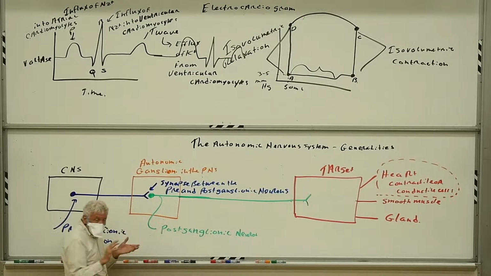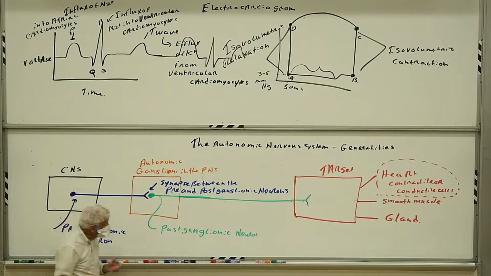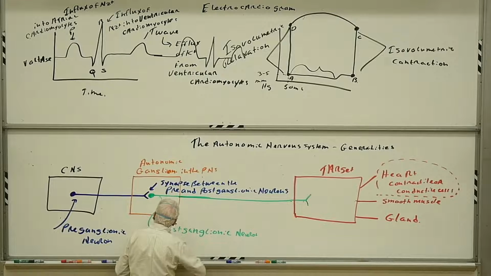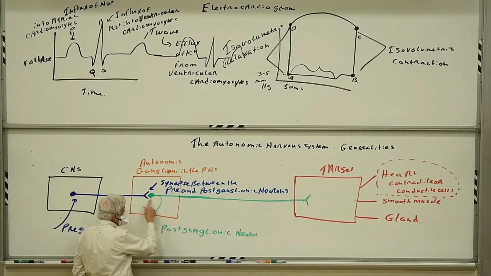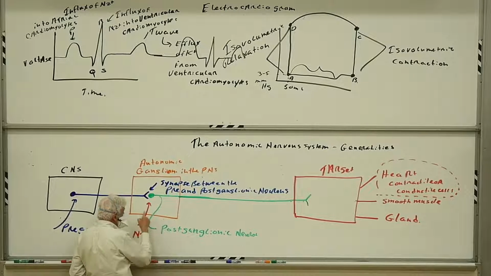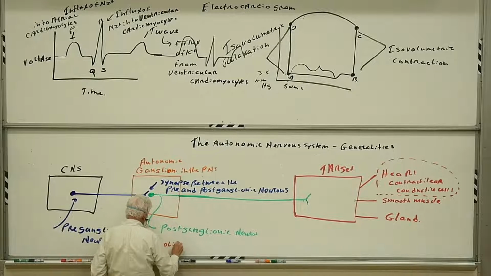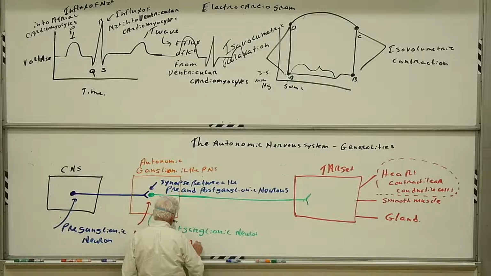There are a couple of other generalities we can put into this simple graph. We can say that this preganglionic neuron transmitter is always acetylcholine, and we'll abbreviate this as ACH.